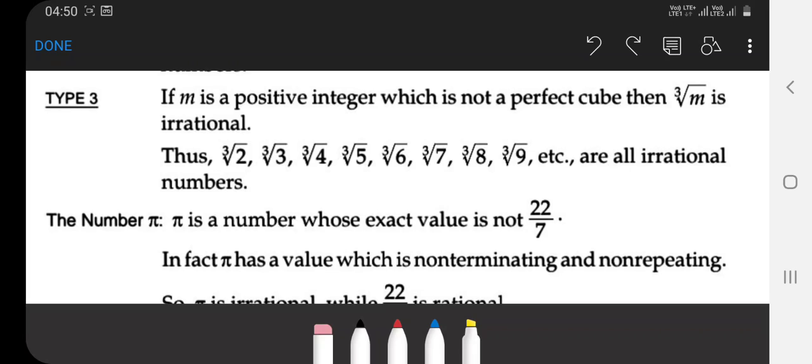Type 3 of irrational numbers. If m is a positive integer which is not a perfect cube, then cube root of m is irrational.